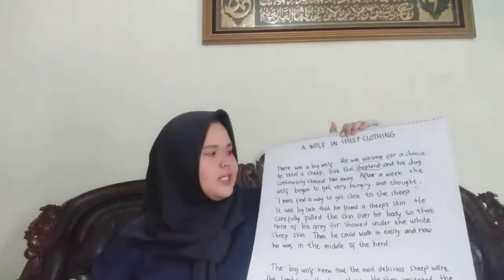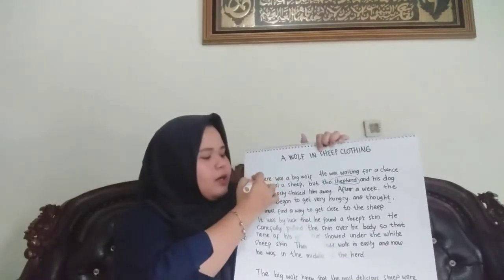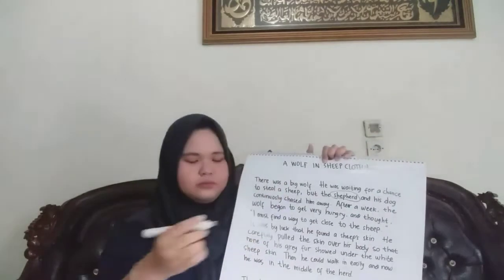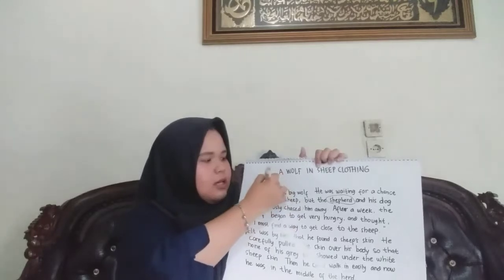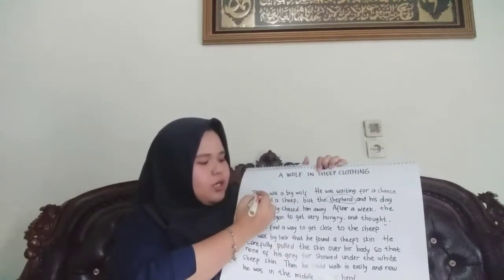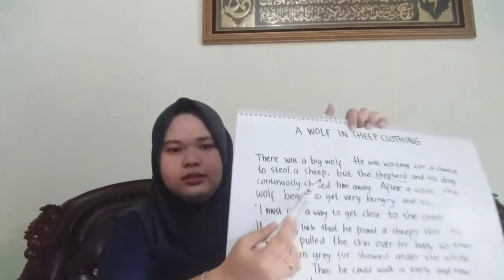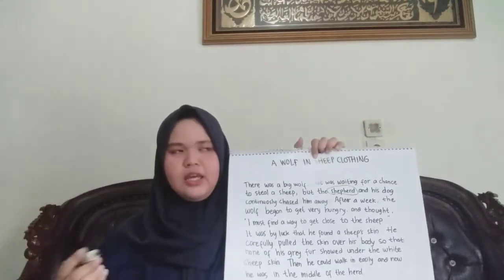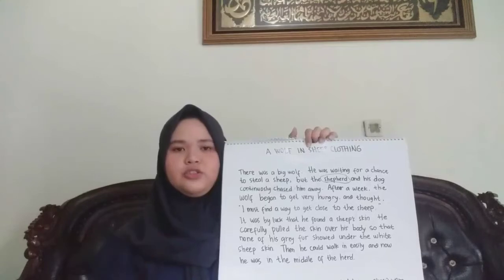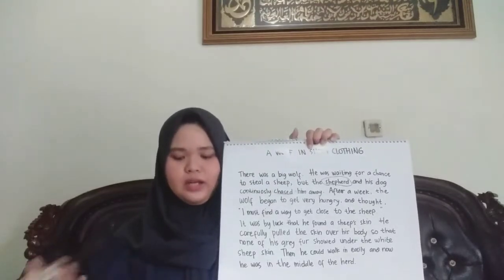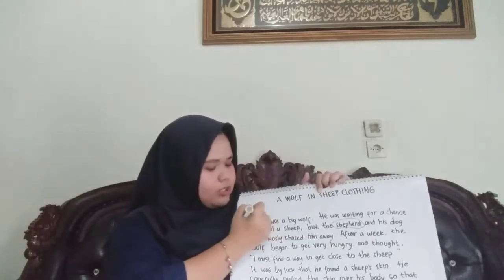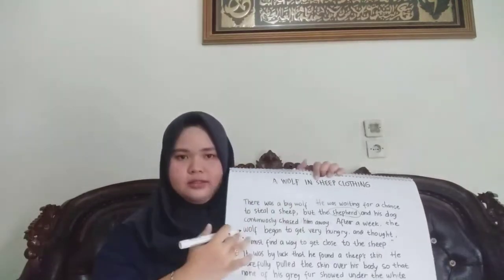Here we have paragraph 1 and the first sentence as our orientation: There was a big wolf. It means the author introduces us to the characters.